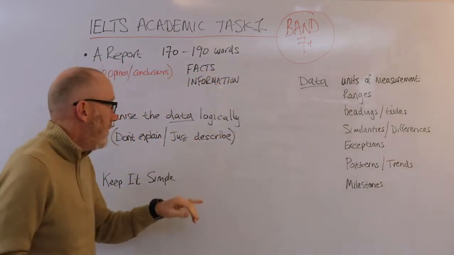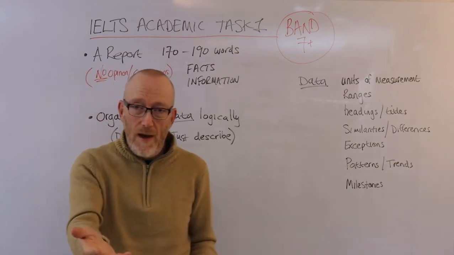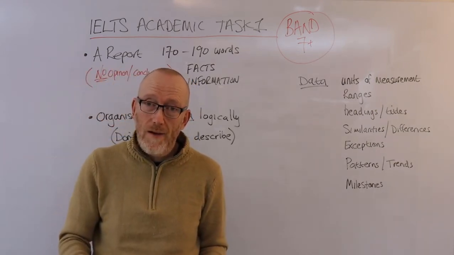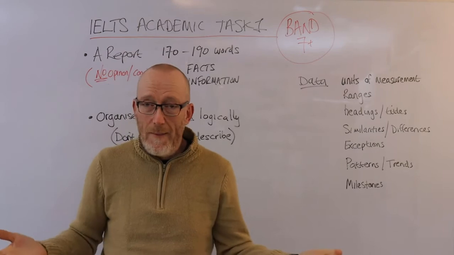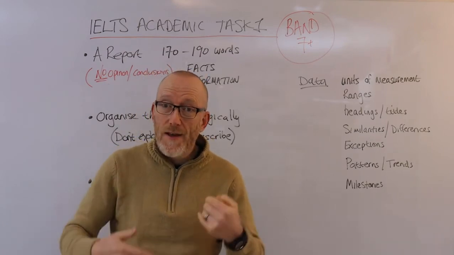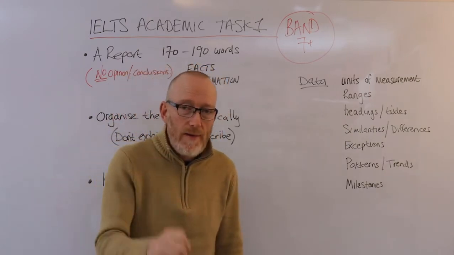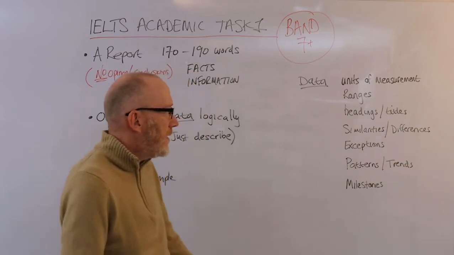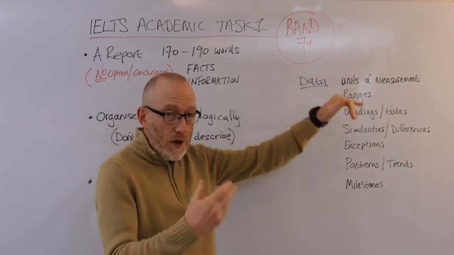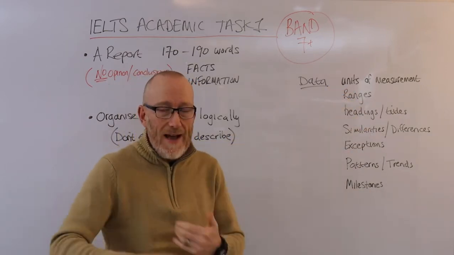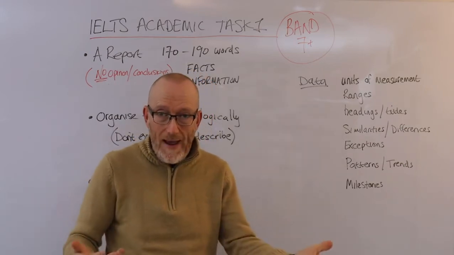Let's talk about the data. I've said you need to organise your data logically, and in previous lessons we have spoken about looking at graphs and charts and trying to identify what we think is the key information. So let's have a quick review of key information. The data that you're presented might include units of measurement, percentages, actual numbers, fractions, dates, years, months, minutes or seconds.